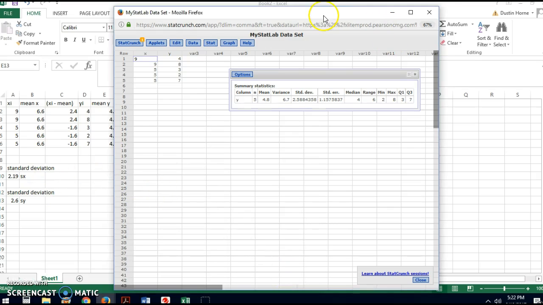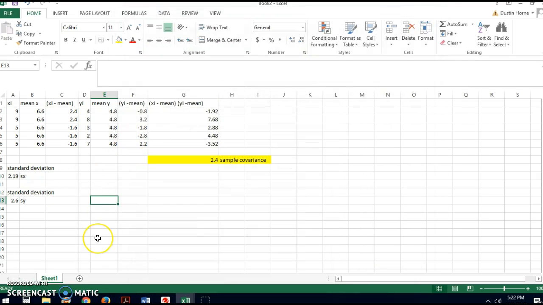So now what we're going to do is the formula, and that was in your view and example. The formula is 2.4 divided by the standard deviation of X times the standard deviation of Y. Now, you want this to be divided by the product of this, so put parentheses around the bottom.